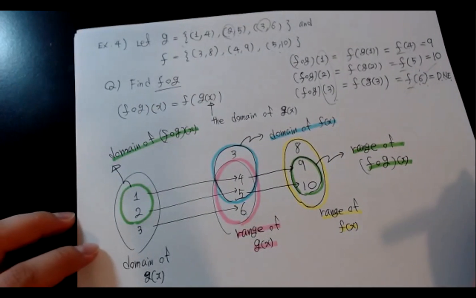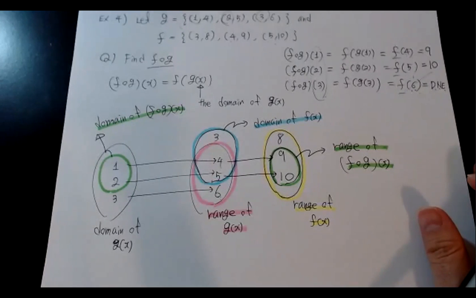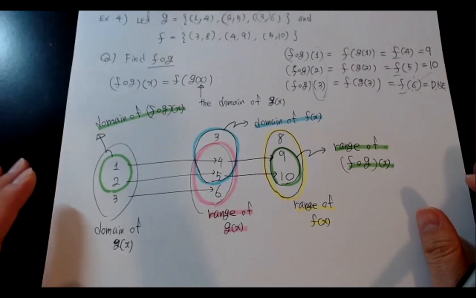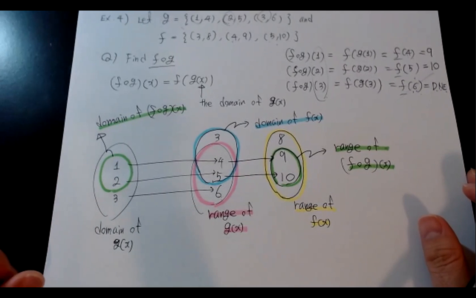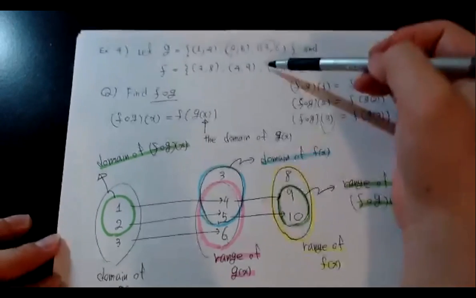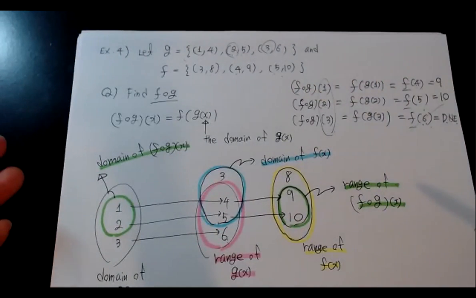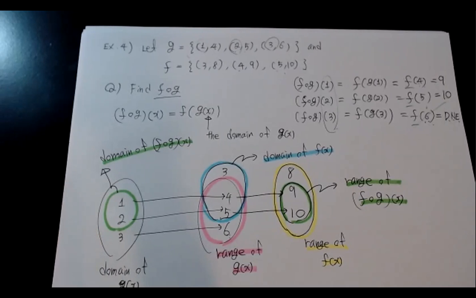So then, is there any kind of pattern or rule for finding the domain of f after g, the composition of f and g? Maybe, but it totally depends on the problem. For both cases, whether functions are given by a set of ordered pairs like this, or given by an equation, don't try to figure out a pattern, or find the domain of f and g and then take an intersection or union.